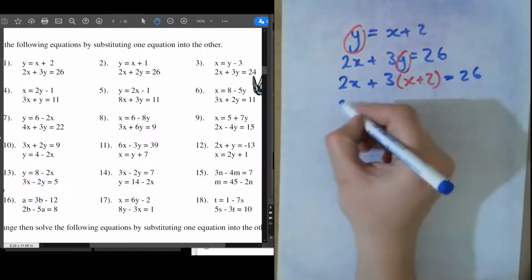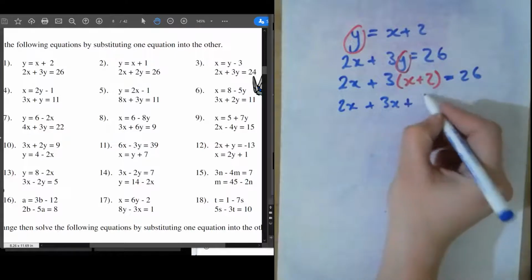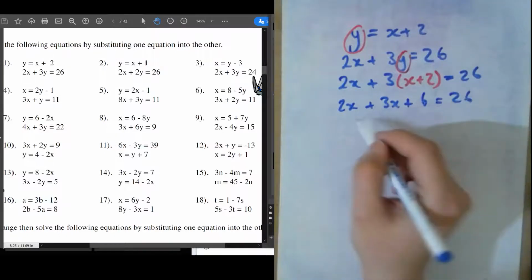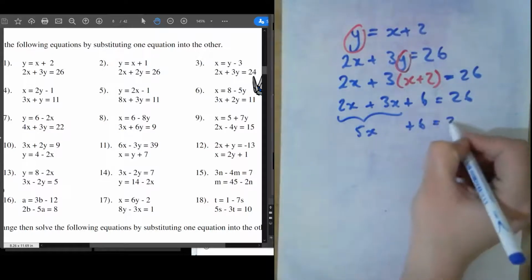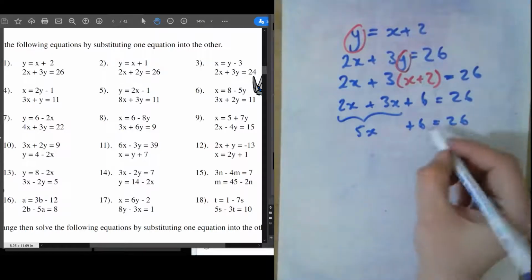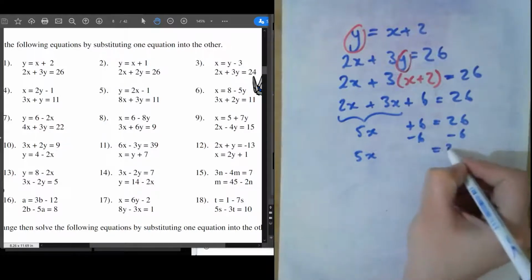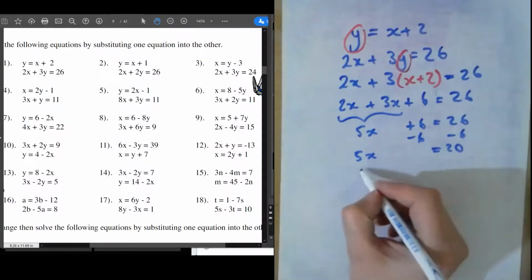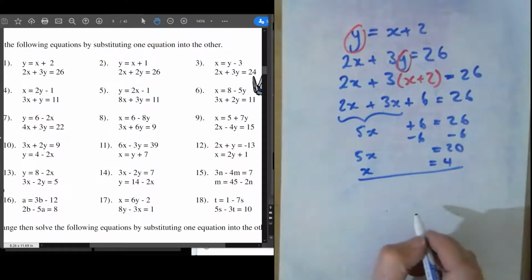And then I've got to expand the bracket. So I've got 2x plus 3x plus 6 equals 26. I'm going to collect these 2 terms together because they are the same. I'll then get a 2-step equation. Take away the 6 from both sides. You've got 5x equals 20. And then I just have to divide both sides by 5. I then get x equals 4.